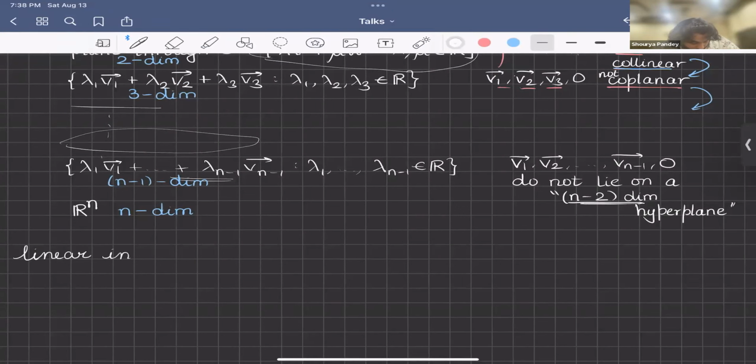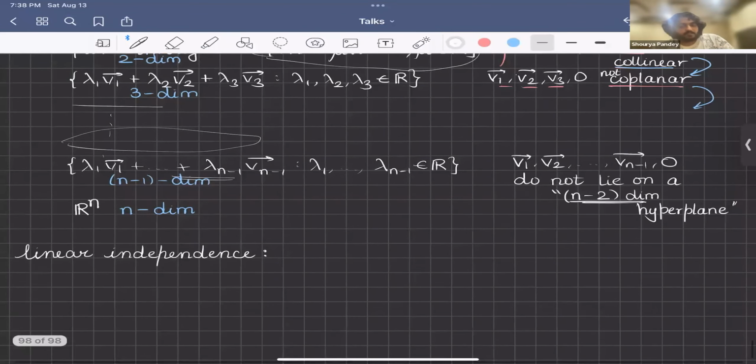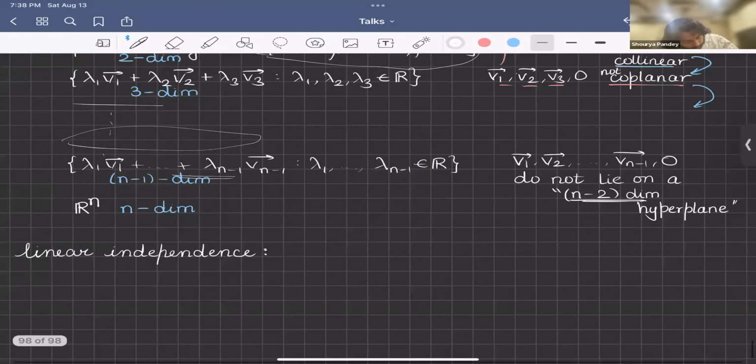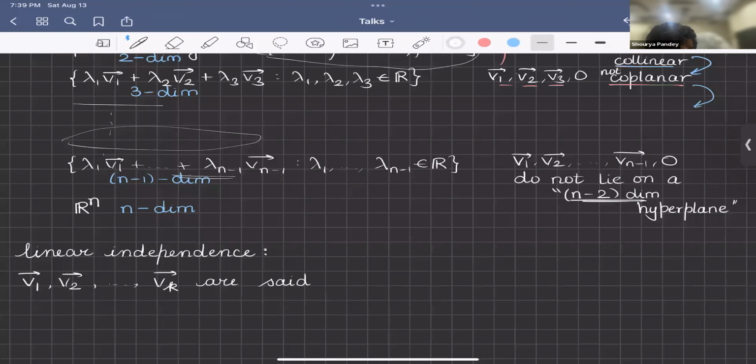So let me define linear independence now. This has to do with linear algebra, not directly related to the definition of vector spaces itself, but okay. So vectors v1, v2 up to vk are said to be linearly independent.